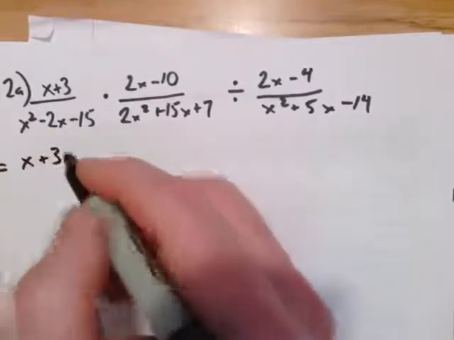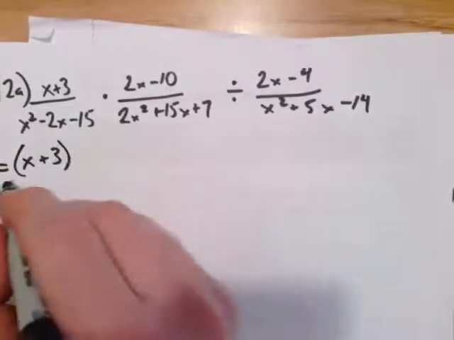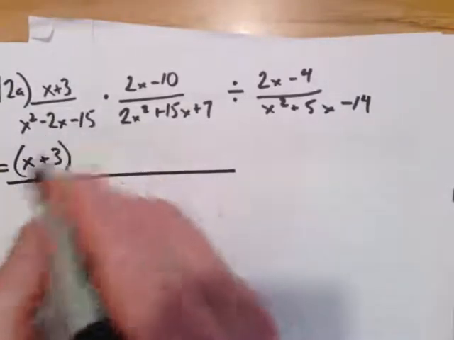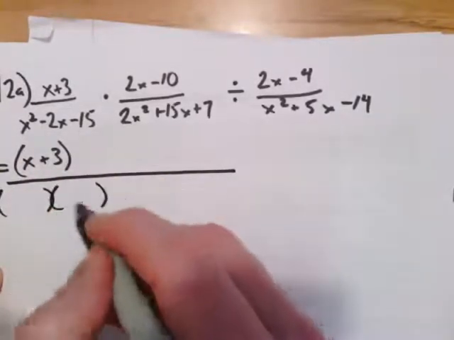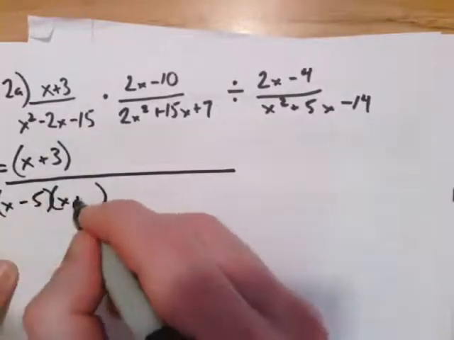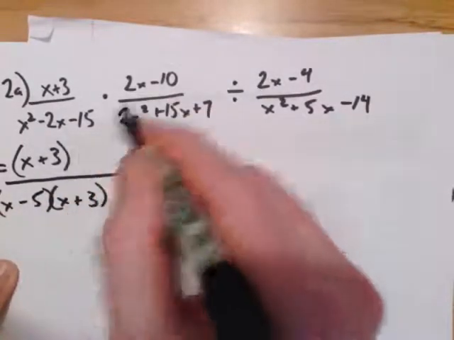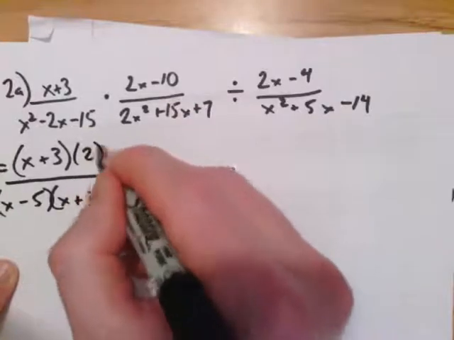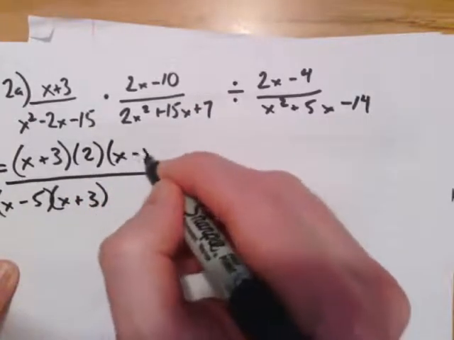x plus 3 over, this is x, 3 and 5, x minus 5, x plus 3. On top, it's just a 2 that's going to come out of that. So that's x minus 5.